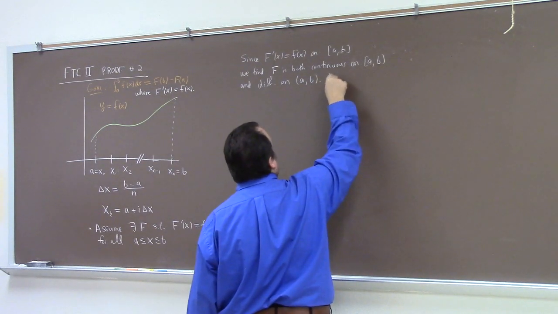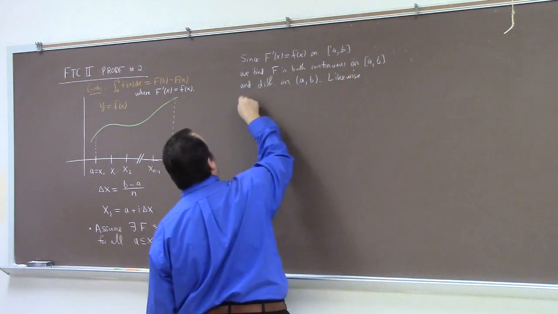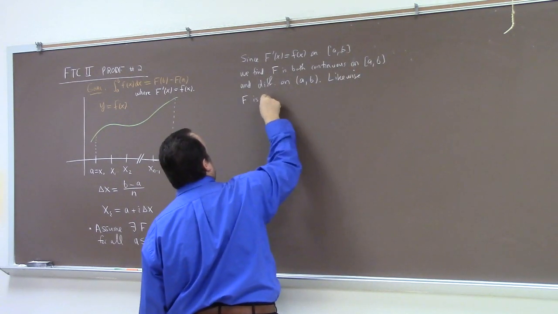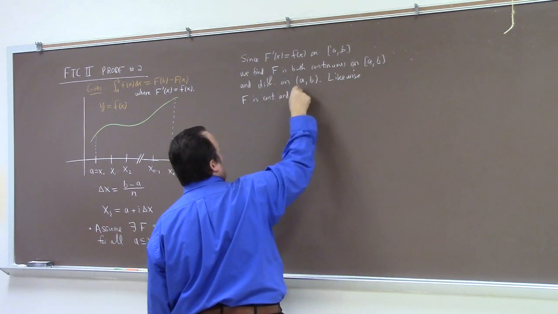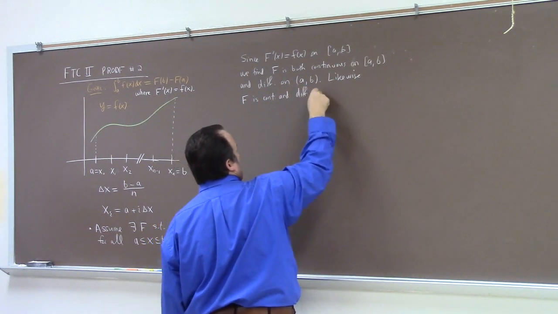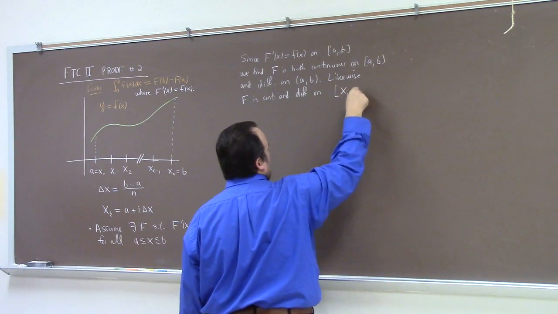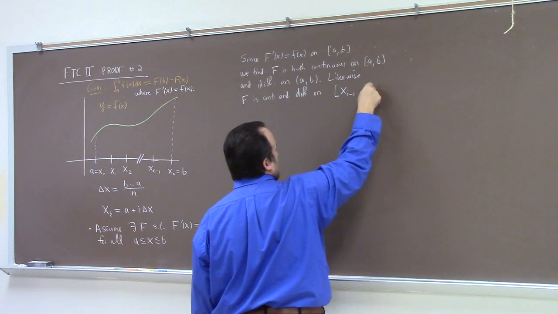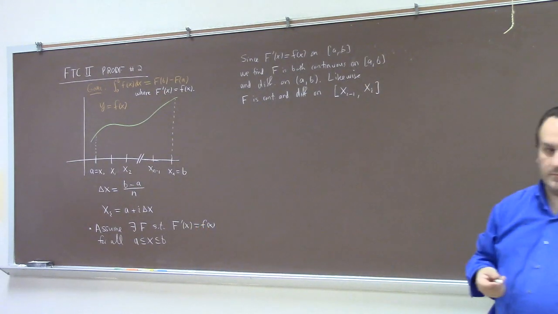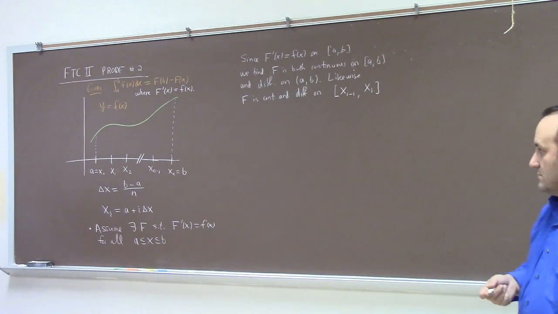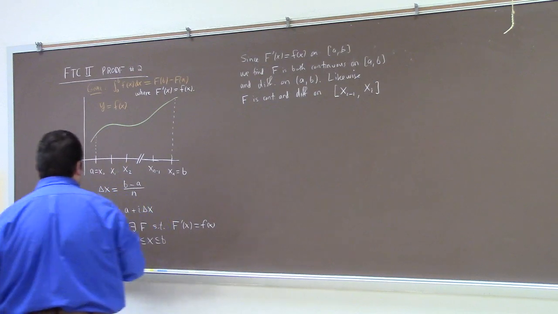So likewise, F is continuous and differentiable on the interval x sub i minus 1 to x sub i, right? So let me just kind of illustrate it over here.